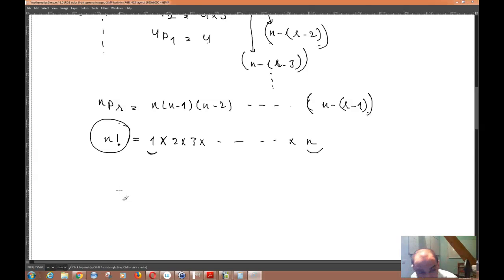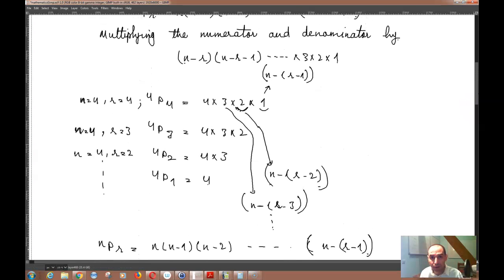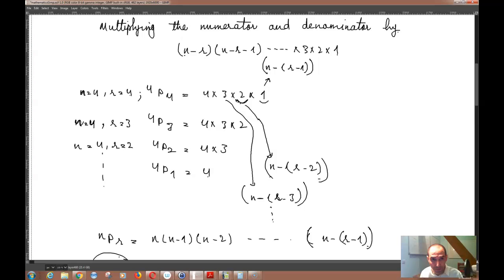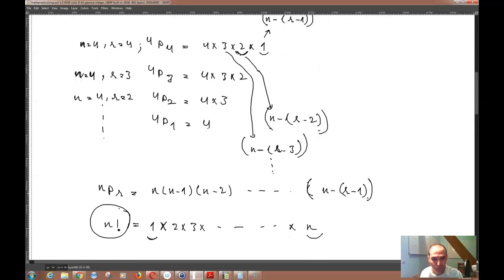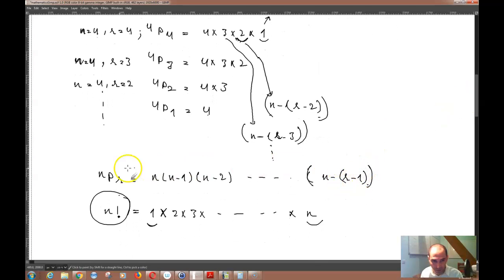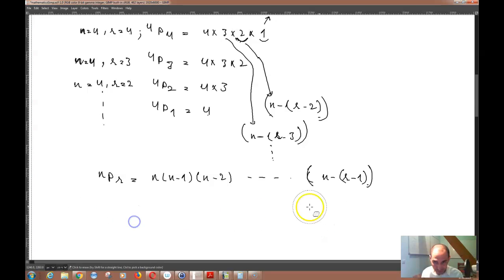Okay, so now what that means is that if I have this expression over here, and if I want to write it in factorial notation, what I need to do is write it all the way from 1 to n.